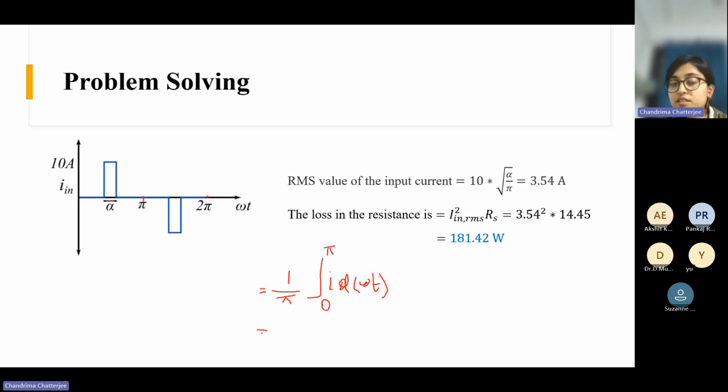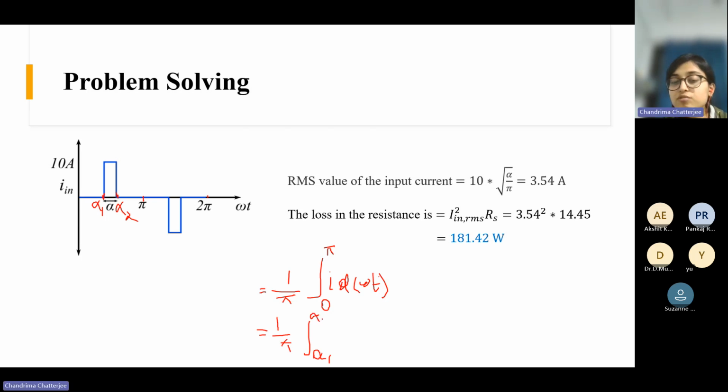So what will be the average value? It is 1 by pi. Suppose this angle is some alpha 1, and this angle is alpha 2. So from alpha 1 to alpha 2, you have current.